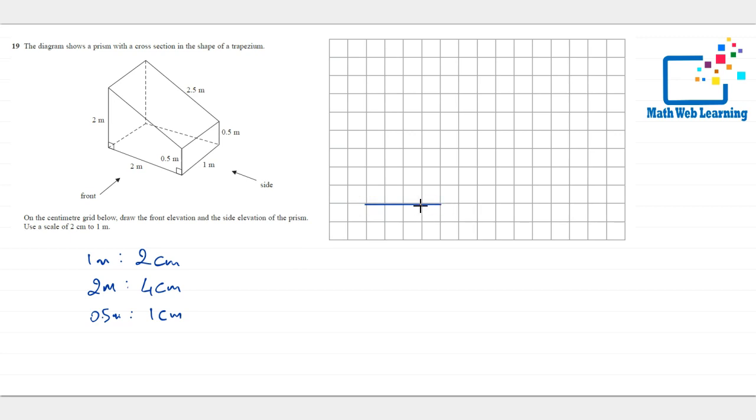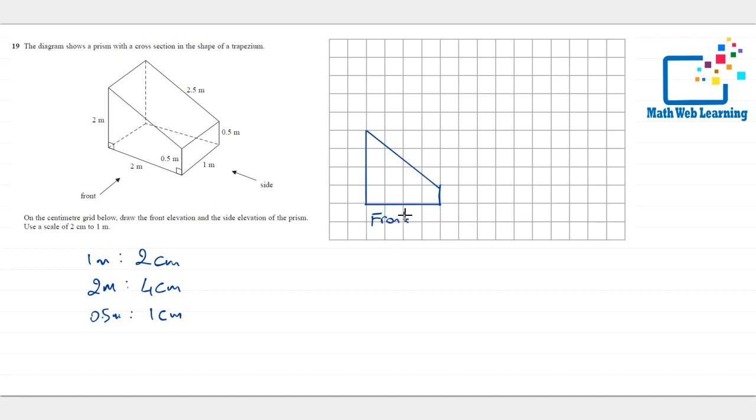Each grid is 1 centimeter long, and you've got a height of 2 meters, so that is another 4 centimeters up. We've got a half meter here, so that will be a 1 centimeter drawing, and then you join the 2 ends, and then you label your drawings. This one represents the front.